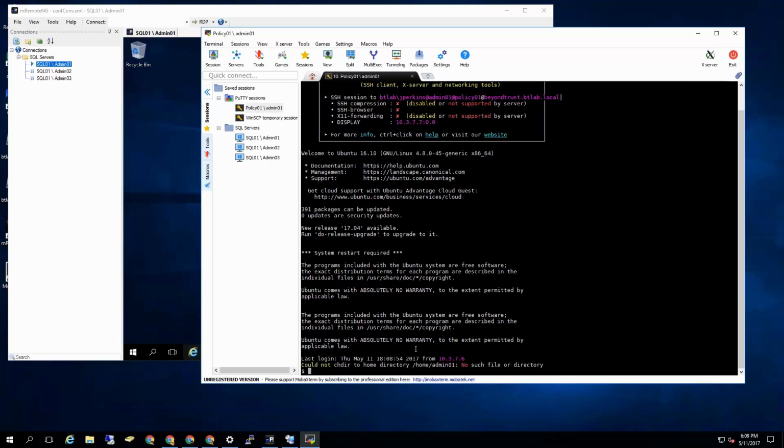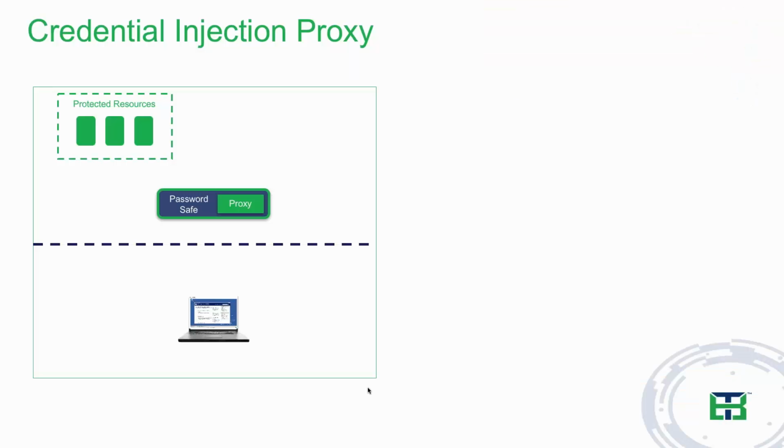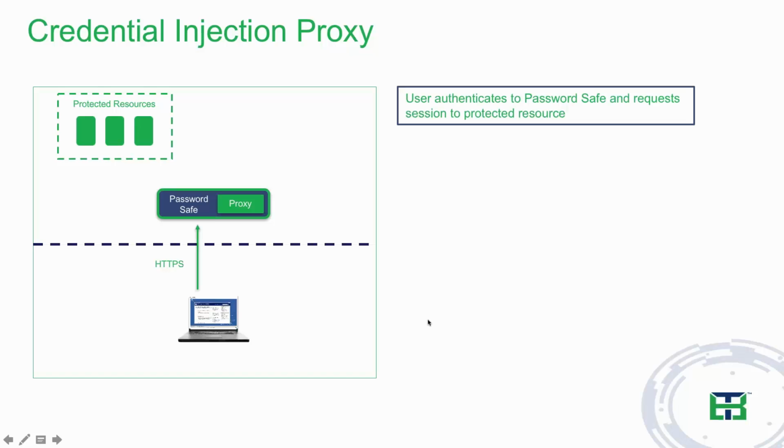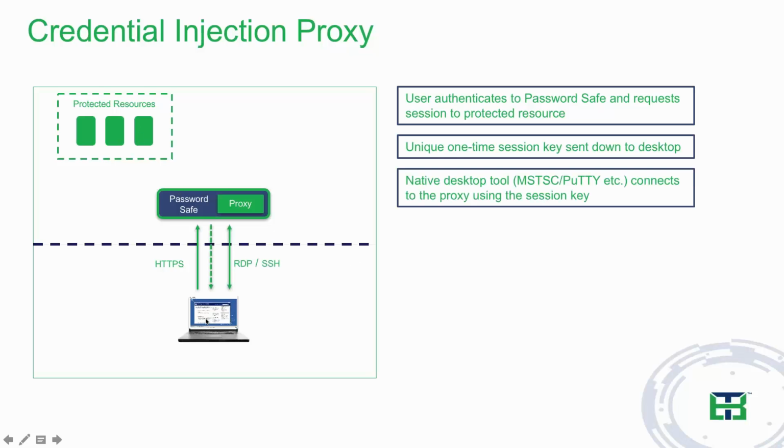Now, the key thing is that at no point have we given the credentials or put the password down. The way that works is, let me show you here. When the proxy has been notified that you need access to a resource, it sends down a unique one-time key. That key is then sent back to the proxy.